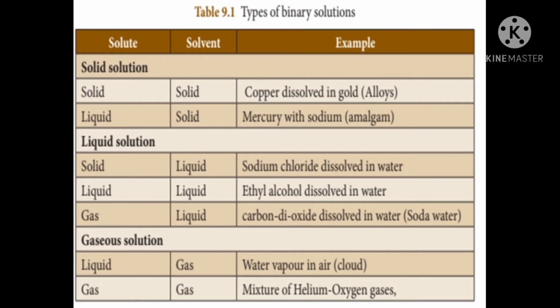That is the best example for solid in liquid. Second one is liquid in liquid. Ethyl alcohol is completely miscible in water. That is the example for liquid in liquid.